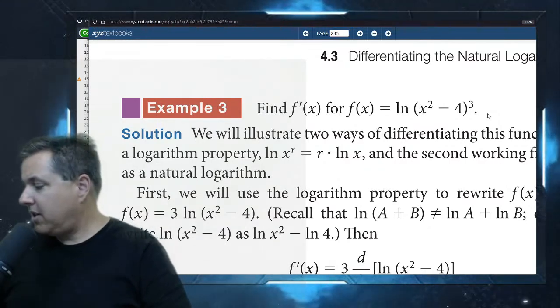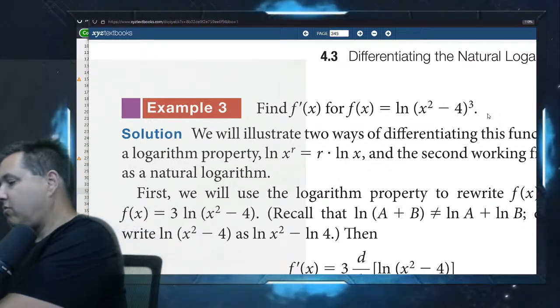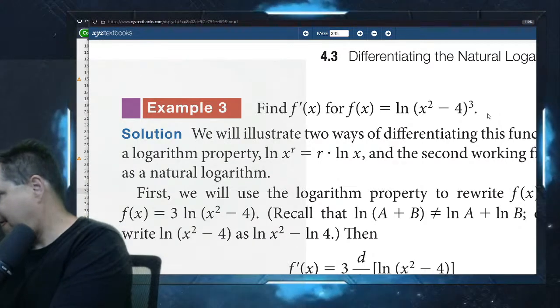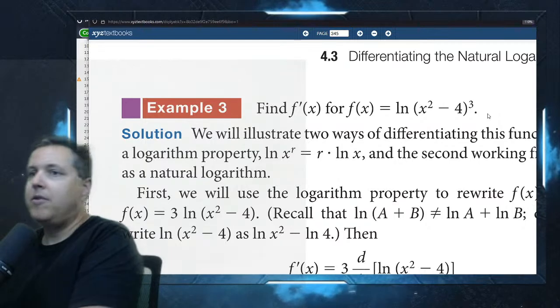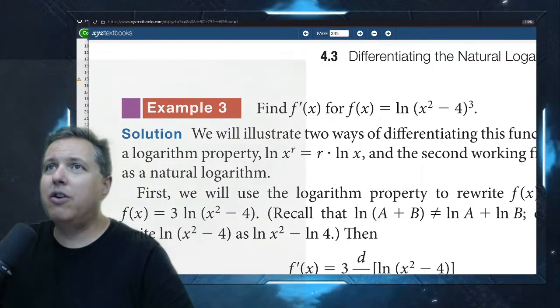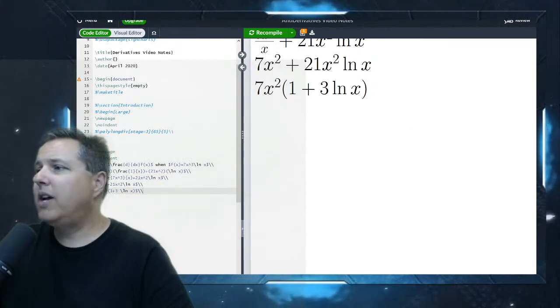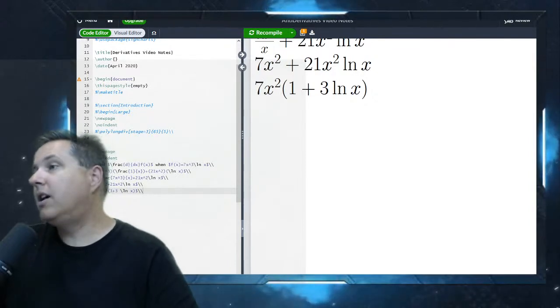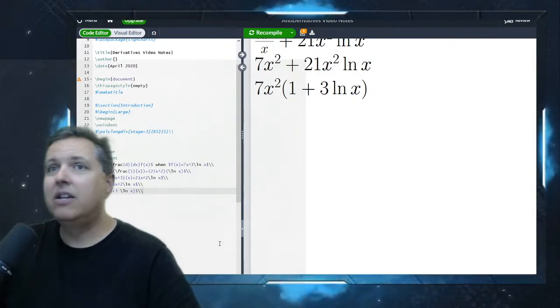I think this will be a little bit easier to do this way. And like many problems, there's more than one way to do this. In the book, they're actually showing you 2 different ways to do this problem. So basically, we're going to work from the outside in.